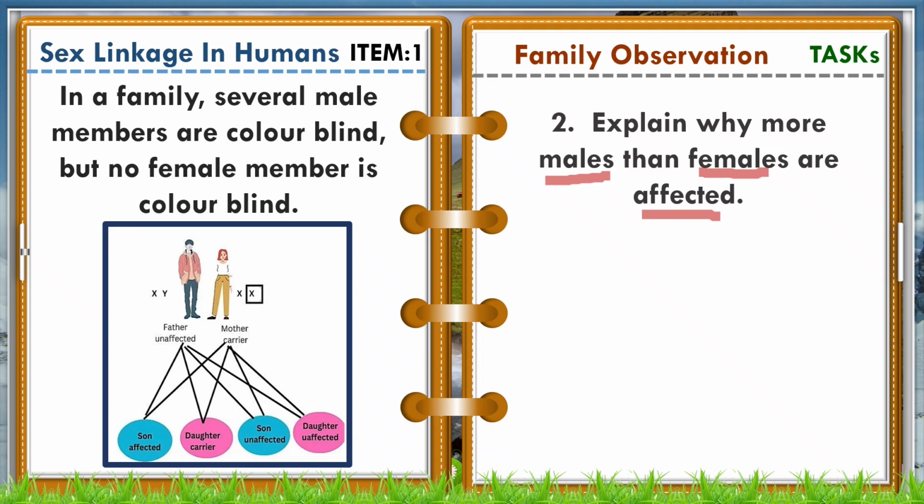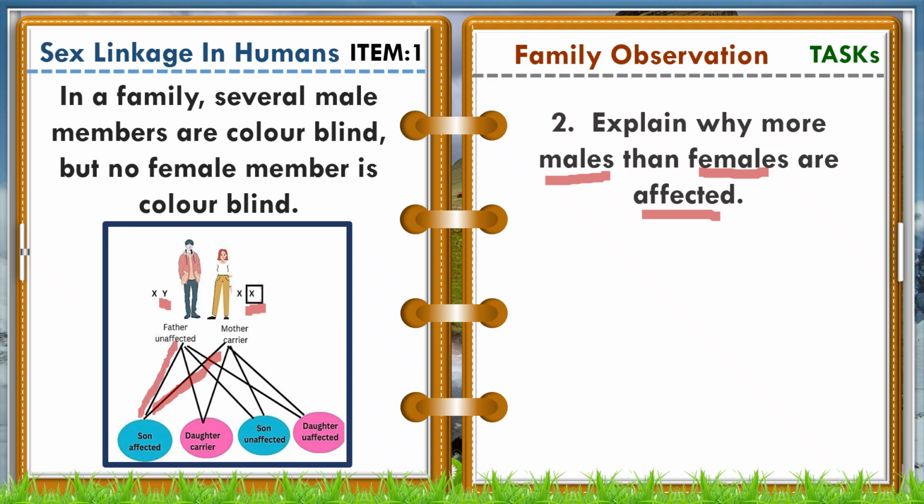Like we have said, if the affected X chromosome comes from the mother, like the way we are seeing here, this affected chromosome is going to go to this boy, and the boy will get the Y from the father.